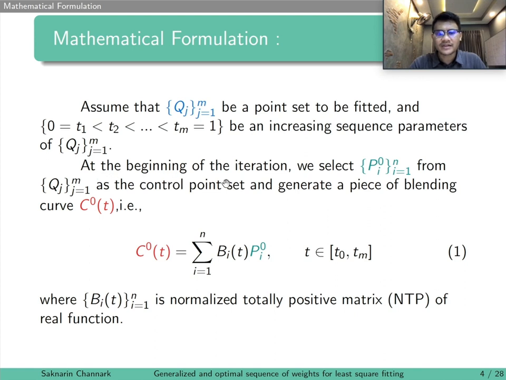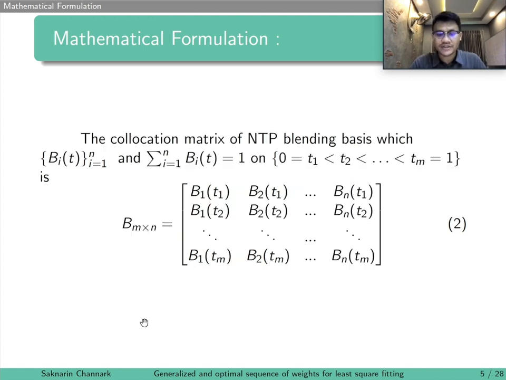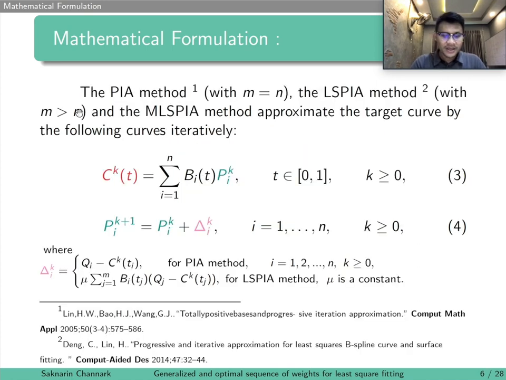At the beginning of the iteration, we select the control points P from Q and generate the blending curve C0 from equation 1, where Bi is a normalized totally positive, or NTP, basis of real functions. The collocation matrix of the NTP blending basis is in equation 2, where the summation of Bi equals 1. Then we will talk about the progressive iterative approximation, least square progressive iterative approximation, and memory for least square progressive iterative approximation.